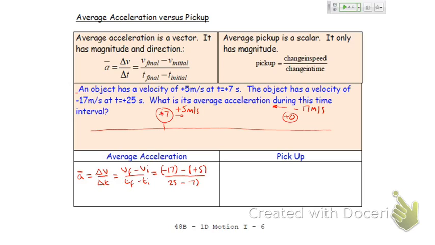Minus 17 minus 5 is minus 22, over 25 minus 7, which is 18. Simplifying, that's minus 11 over 9, which equals minus 1.2 meters per second squared. Put that in a box.